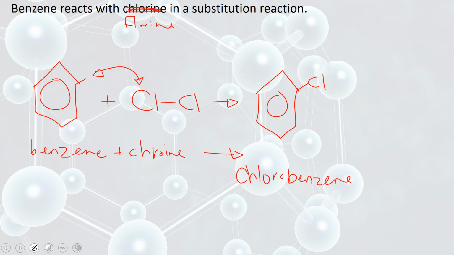Unless they say there's a ton of excess, you're just assuming that you switch out one. Because realistically, you could switch out every hydrogen, but you usually just assume one unless they say there's multiple. What else would be formed? HCl, right? The hydrogen that was here is switching places with the chlorine. So I also would have HCl, hydrogen chloride, being produced.